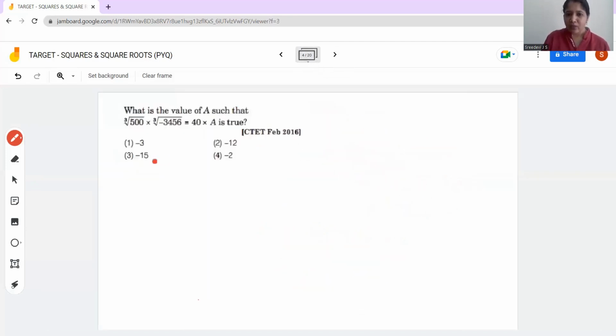Okay. Next question. What is the value of A such that cube root of 500 into cube root of minus 3456 is equal to 4 into A? So here we have to utilize the property that cube root of A multiplied by cube root of B will give you cube root of A multiplied by B. So we are going to combine the left hand side, that is cube root of 500 multiplied by cube root of minus 3456.